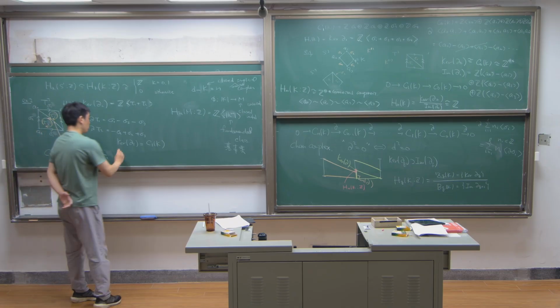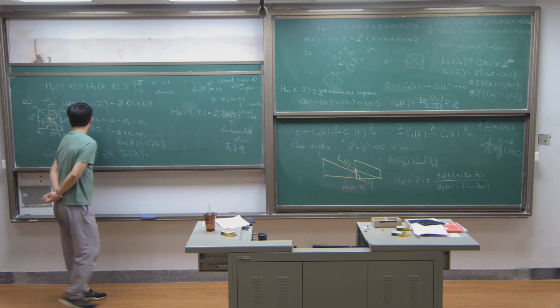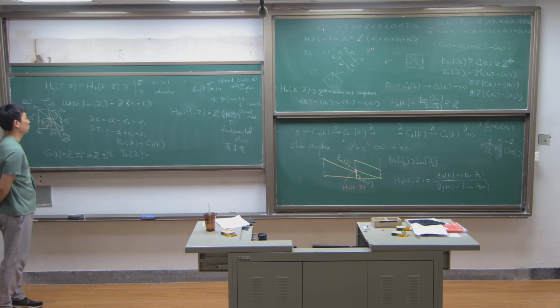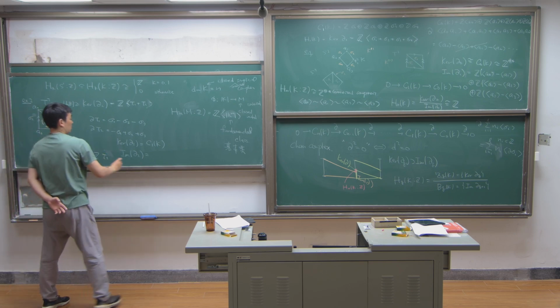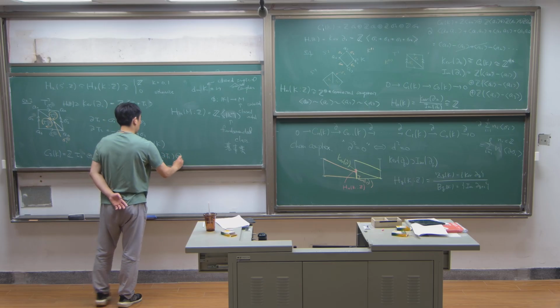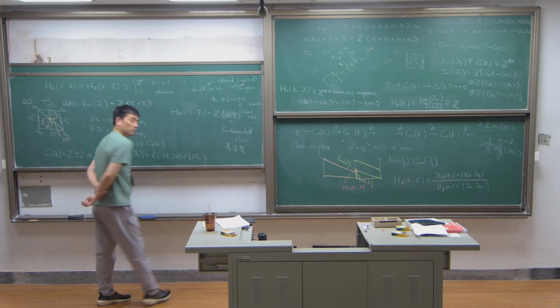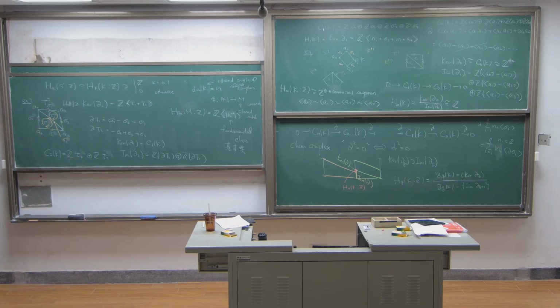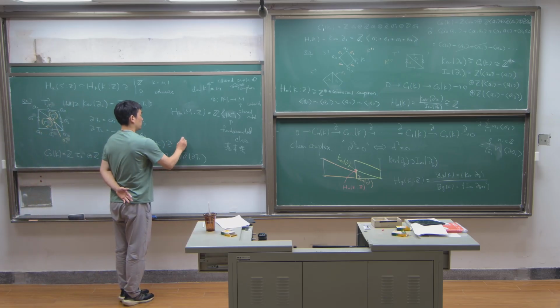The image of boundary 2 is spanned by boundary tau 1 and boundary tau 2.